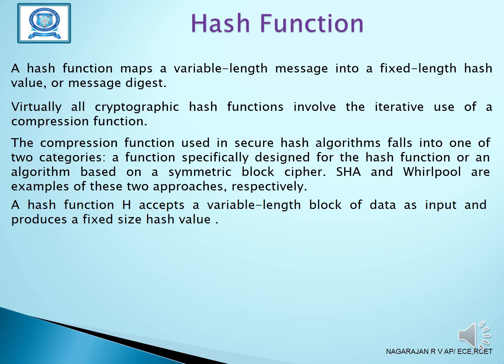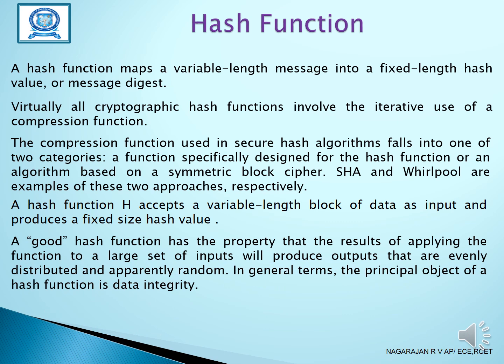A hash function H accepts a variable length block of data as input and produces a fixed size hash value. A good hash function has the property that the result of applying the function to a large set of inputs will produce outputs that are evenly distributed and apparently random.